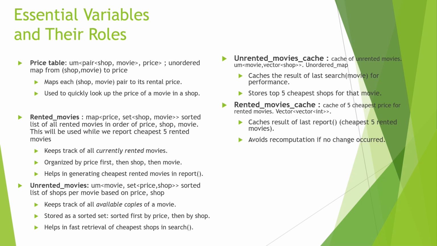But there are some additional improvements we can introduce by keeping some extra variables. So take this scenario. I will ask you to search movie 10. So you'll calculate from the unrented movie set, fetch the first 5 results and return.